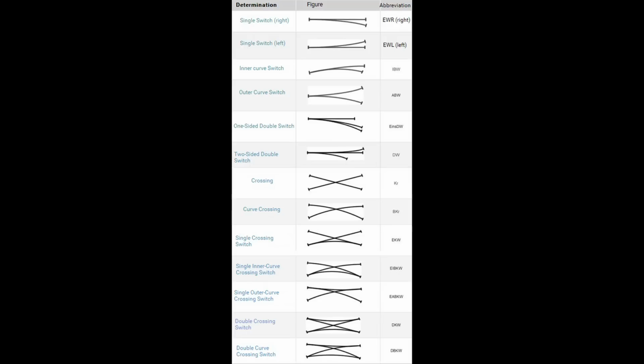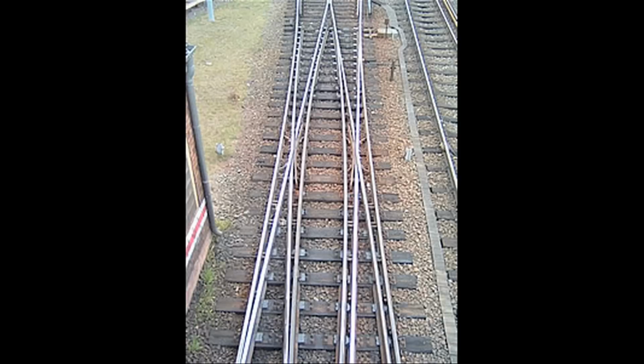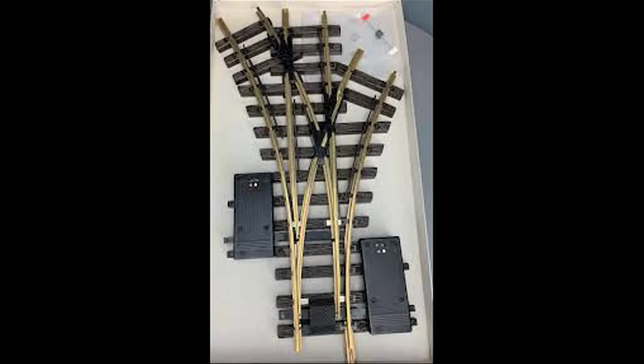And when we start getting into these unconventional switches, boy, all bets are off. There's so many different ways that you can configure these things. A crossover may also be a switch, a single crossing switch, double slip switch, single slip switch, where the crossing actually functions as a switch. Three-way switches that are sometimes curved three-way switches.